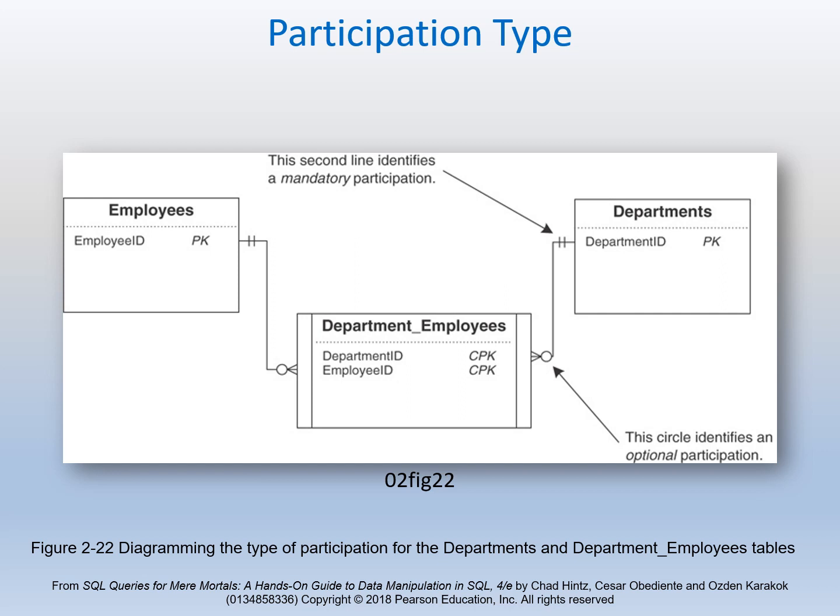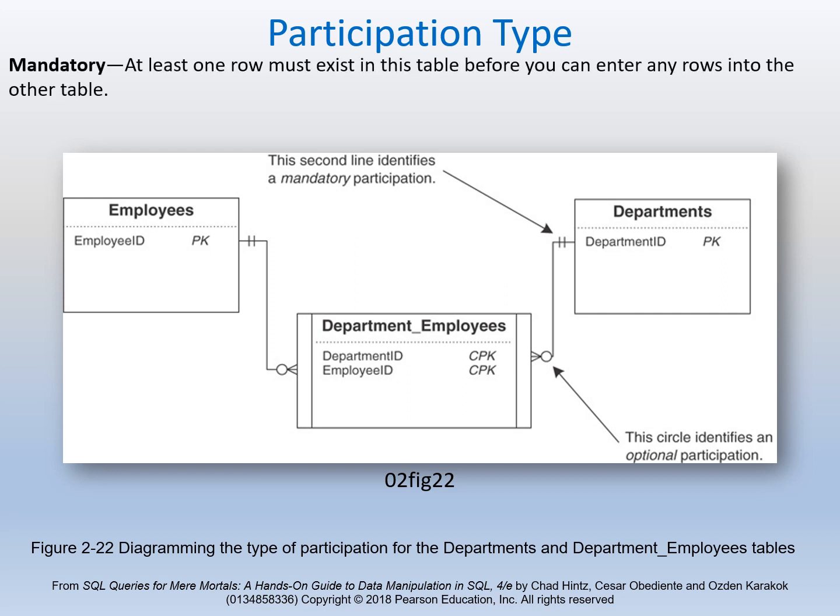I will now explain the participation types that are available to define the participation of one table with another table through its relationship with the table. A mandatory participation type requires that a row exist in the other table.